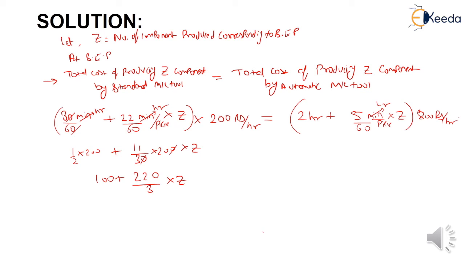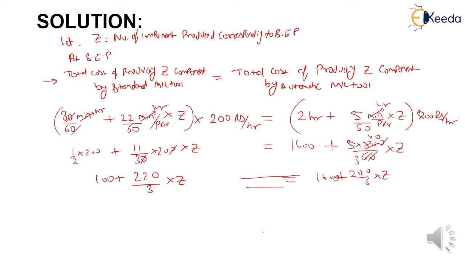Hour and hour cancel, so the total cost is in rupees. So 1600 rupees plus 5 into 800 upon 60 into Z. Okay students, clear to all? Calculating this term: 4 fives are 20, and 200 divided by 3 into Z plus 1600. This is the total cost of producing Z components by the automatic machine tool.